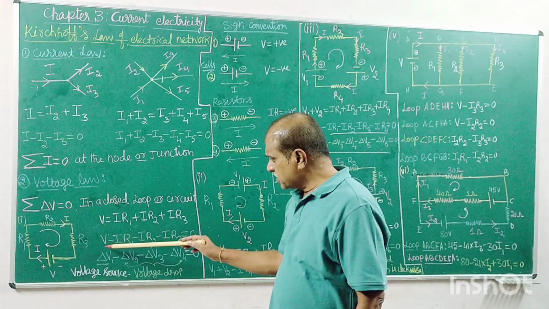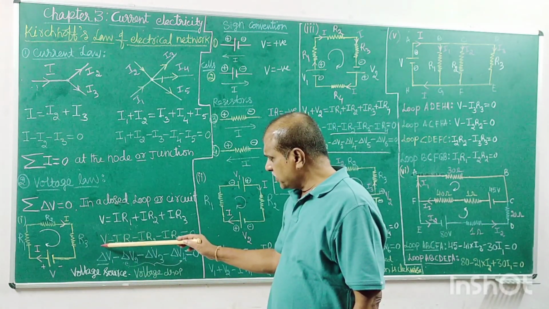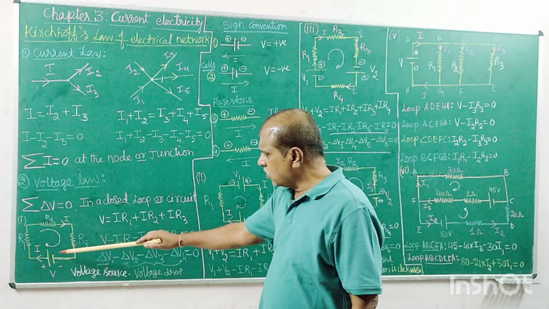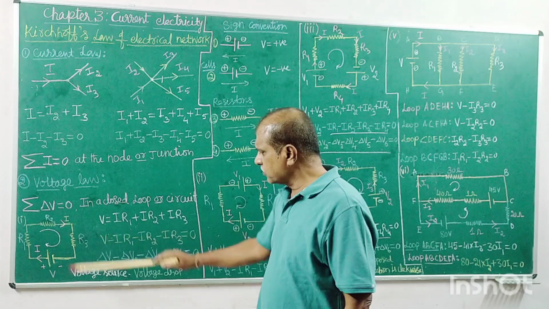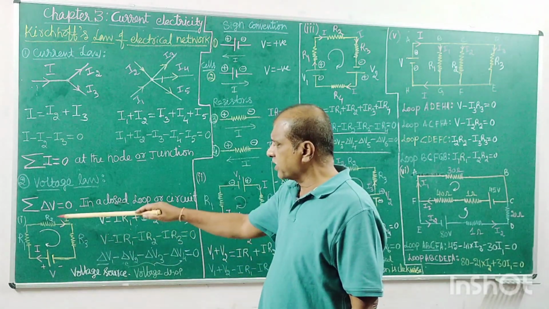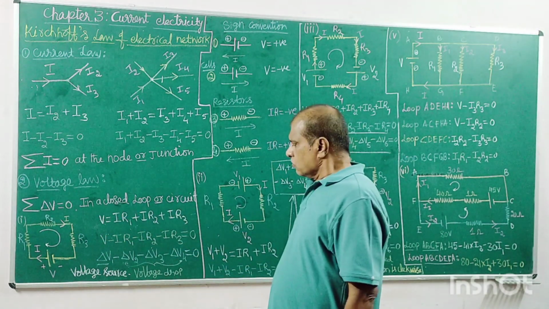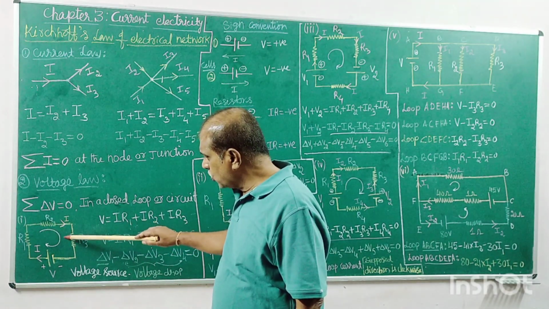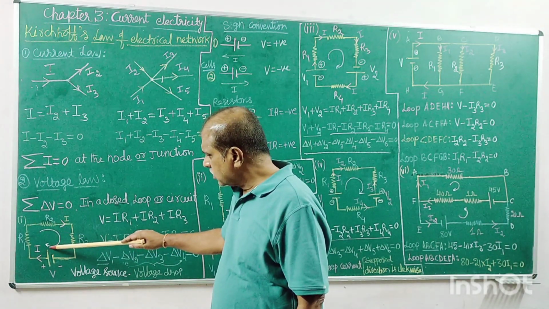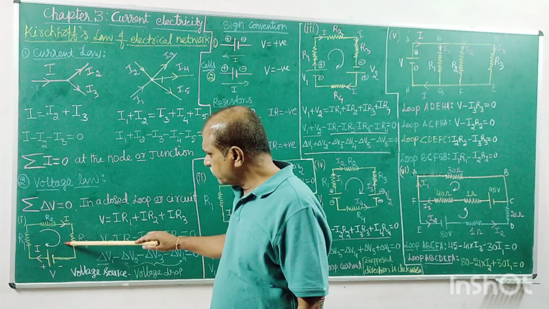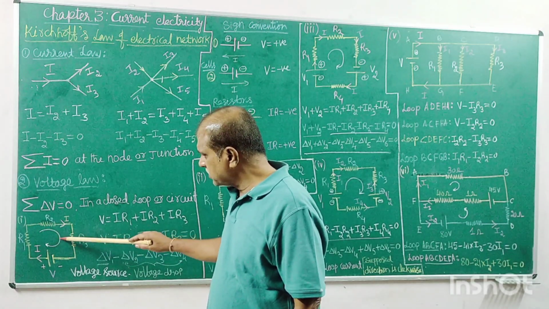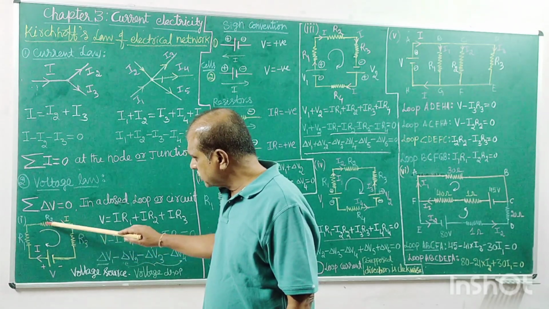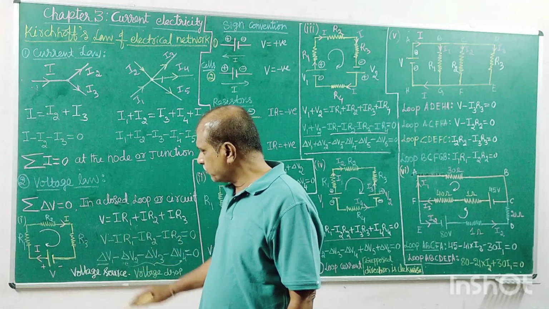So the sign convention, positive or negative, depends on the voltage rise or voltage drop, as well as the direction of the current. This is the direction of the current, called the loop current. The direction of the loop current is clockwise, so this direction is the same as the direction of the current in the loop.